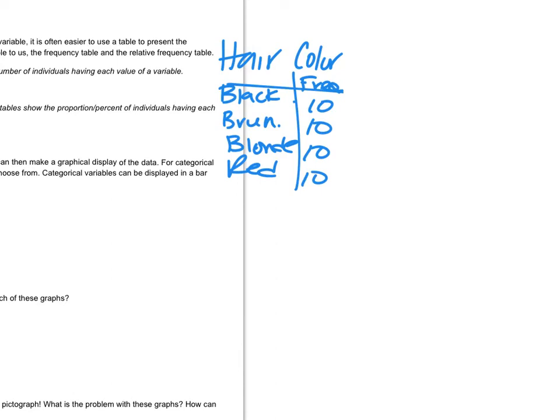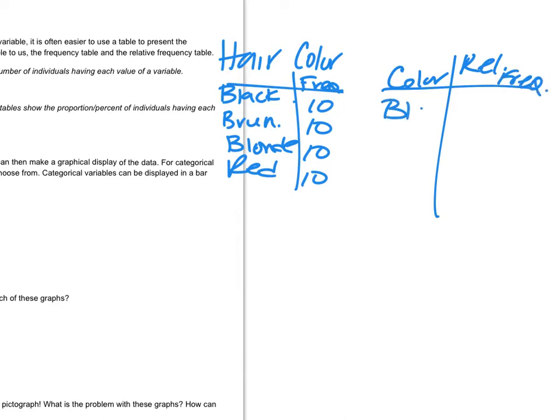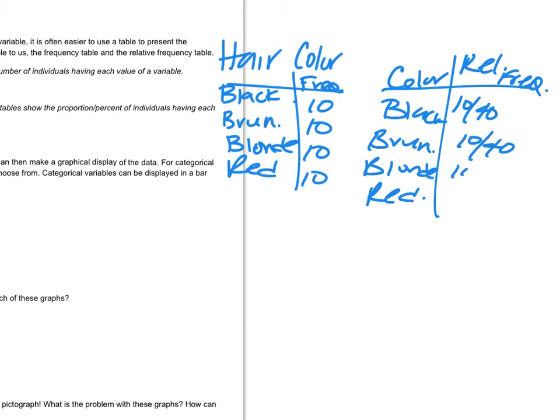If I wanted the relative frequency, I would have my hair color still the same, but my relative frequency is going to show me how each of these categories relates to the whole. So this would be obviously 10 out of 40, or 1/4, and then you would have 10 out of 40 again.